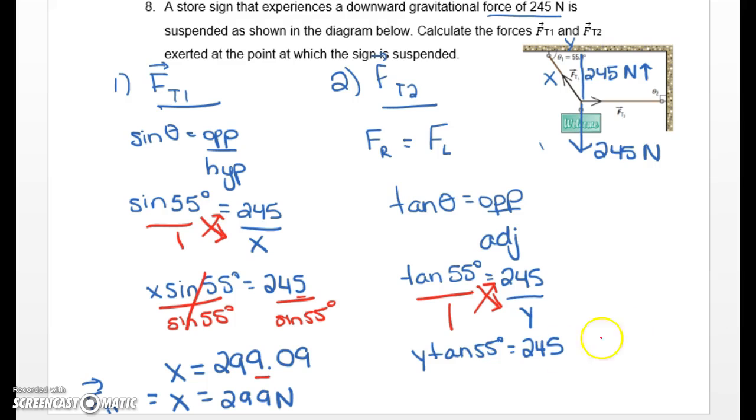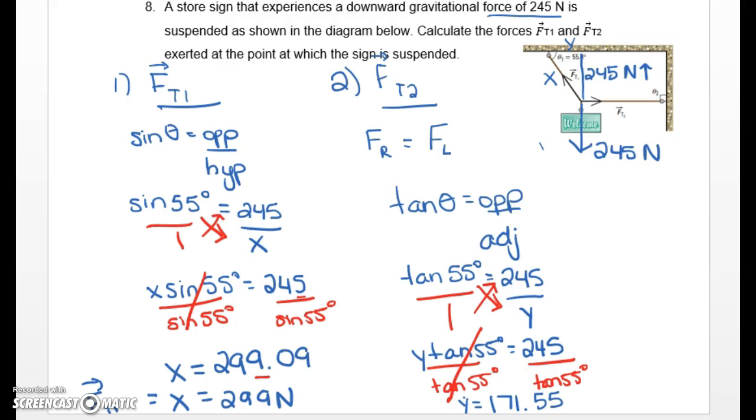I'm going to try and get rid of this value connected to y, so I'm going to divide by tan of 55, and make sure you do that to both sides. If you plug that into your calculator, we should have that y is equal to 171.55.